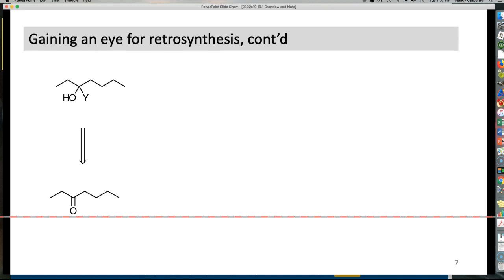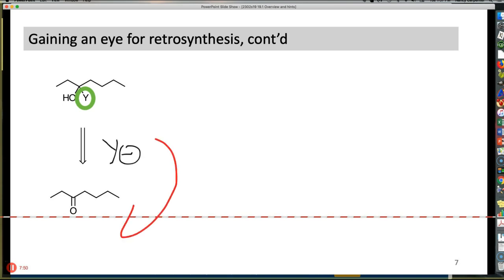How about this? What big hint can I get from this? Well, it's chemistry that we will learn a little bit later, but the huge hint whenever you see that alcohol is to look at what's attached right here and imagine adding that Y minus as a nucleophile.